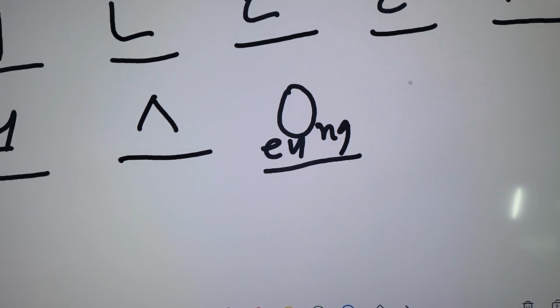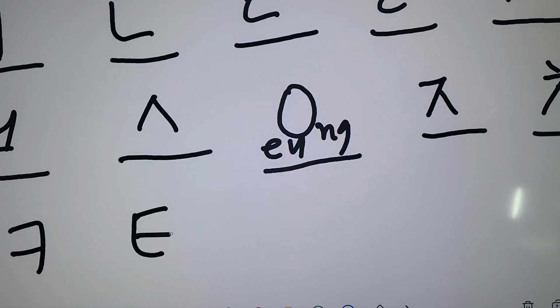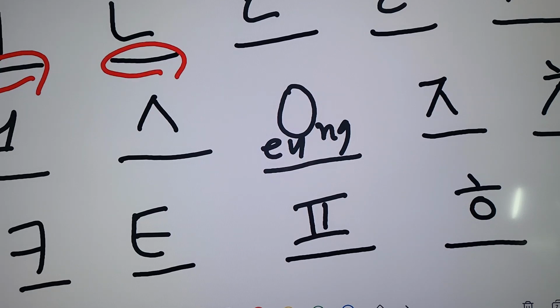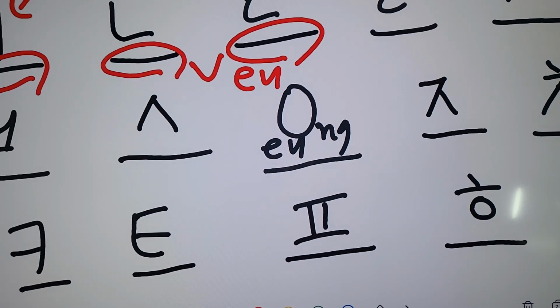And then 치, 치, 크, 트, 크, 흐, right? The vowel underneath is always the same sound, so focus more on the consonant sound.